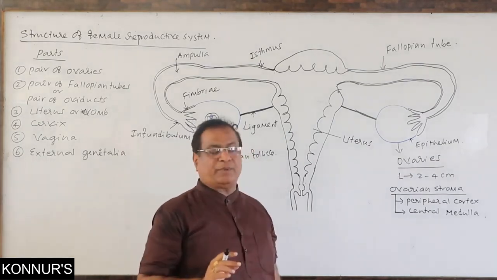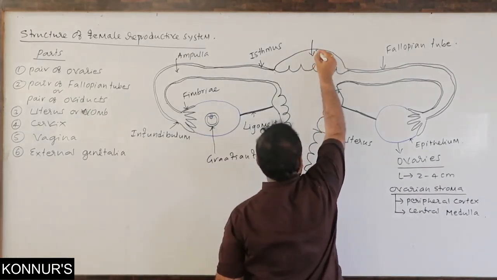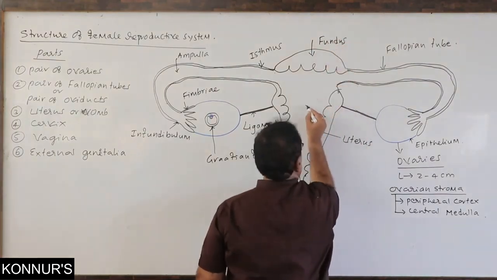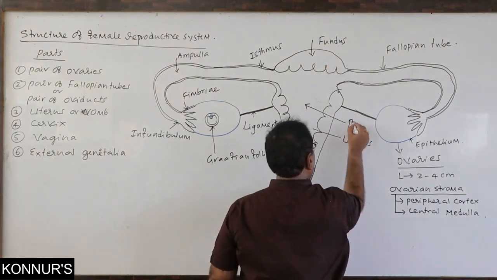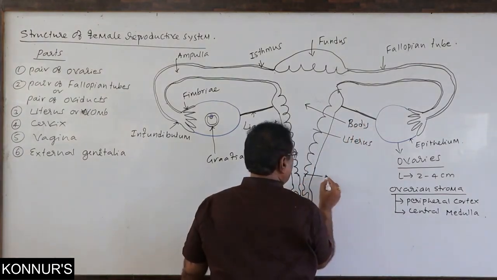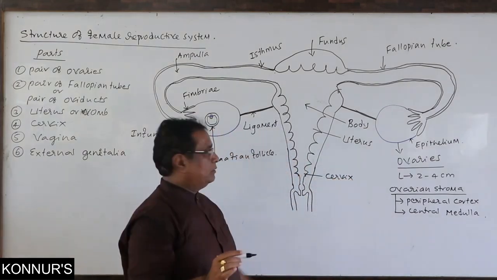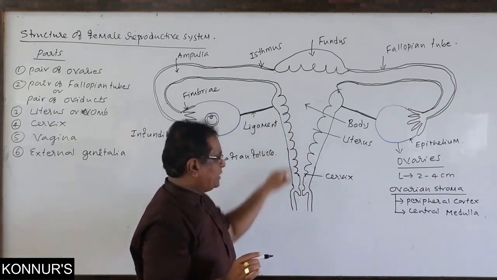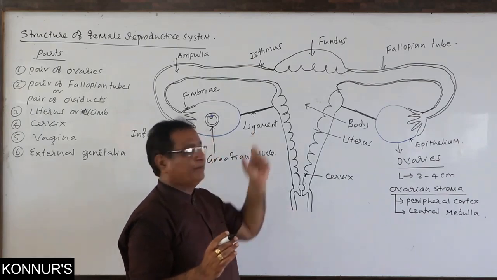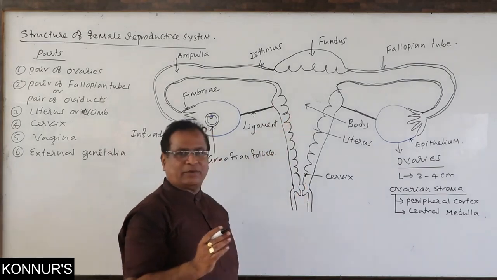This triangular shaped uterus has a dome shaped fundus, a body, and the last part is cervix. So the uterus, or womb, is triangular in shape, having three parts: fundus, body, and cervix.